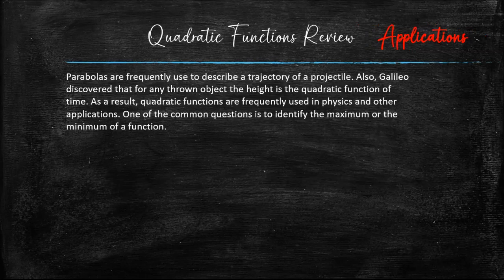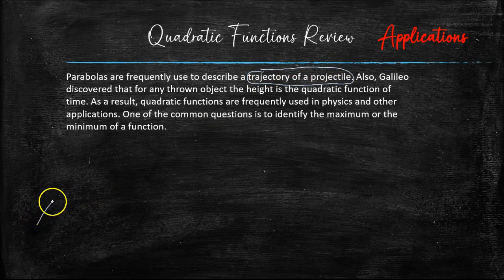Now, when it comes to applications, as I said, unlike absolute value functions, quadratic functions have many applications, and one of which is using parabolas to describe trajectories of projectiles. The other one is, for example, Galileo discovered that if you just look, so again, we're not throwing, so what's the difference between what Galileo discovered and the trajectory of a projectile?